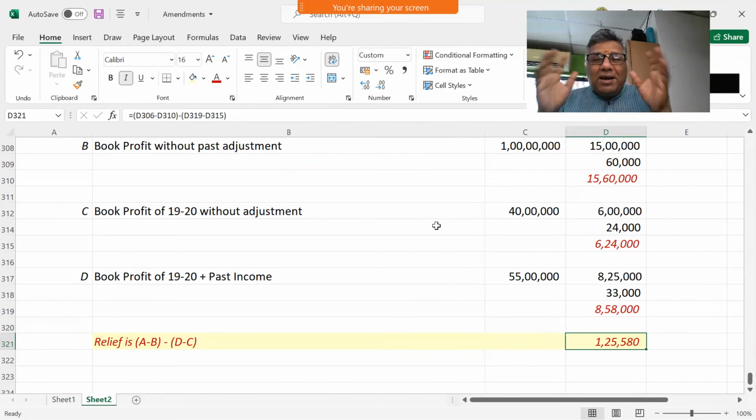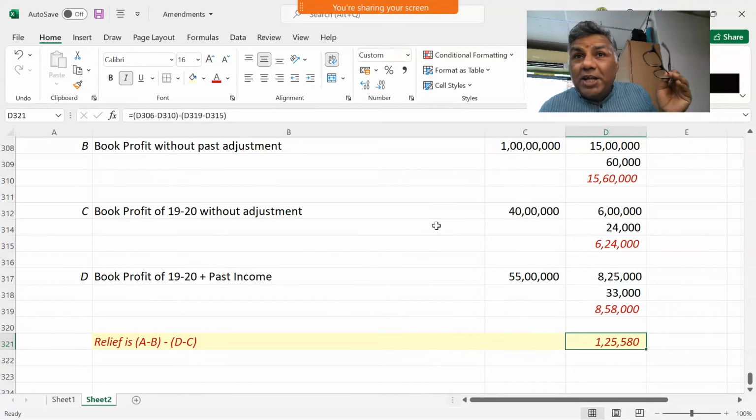Big reason you all have to understand is previously MAT rate is 18.5%, which is reduced to 15%. So when you include it there, you will be taxing it at 18.5%.